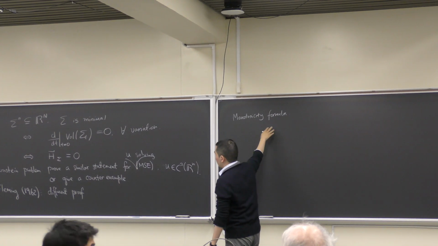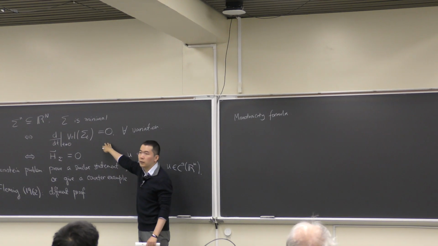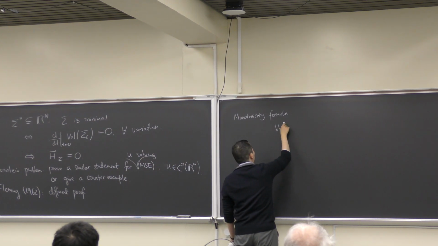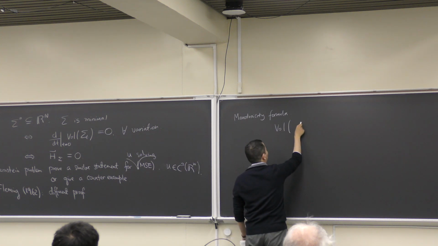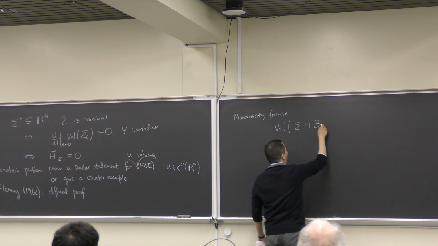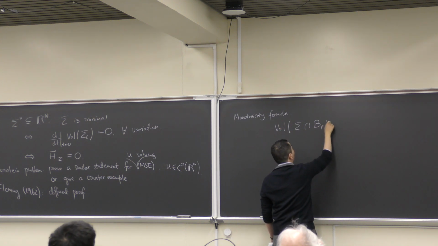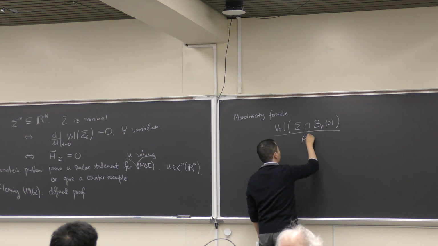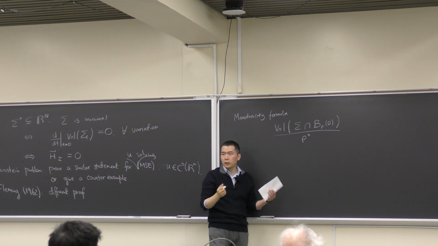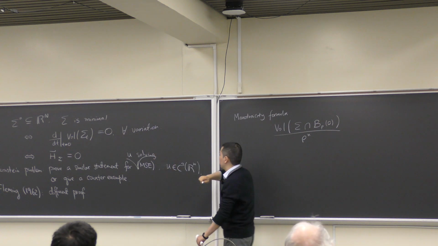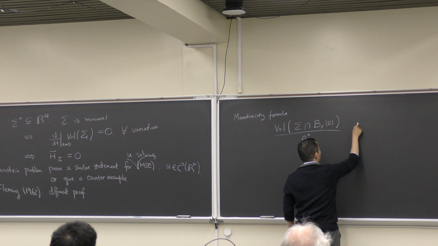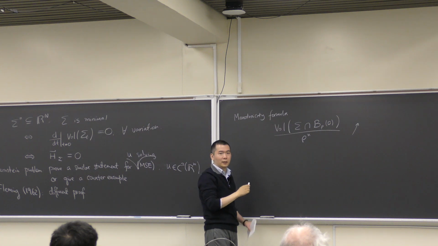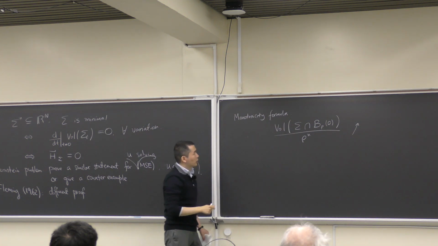The monotonicity formula says that for every minimal surface embedded or immersed in Rn, if you look at the n-dimensional volume of Sigma inside an ambient Euclidean ball of radius rho, centered at any point, say centered at 0, and then divide by rho to the n, where rho to the n is the growth rate of a Euclidean ball of that dimension, this quantity is always increasing in rho. This is a celebrated monotonicity formula for minimal surfaces.